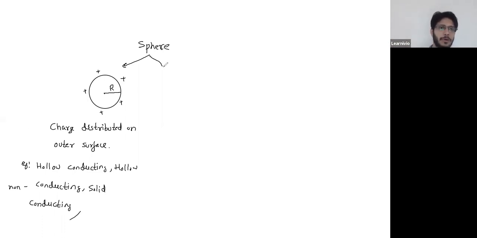The second type of sphere could be a sphere where charge is distributed throughout the volume. Here, charge is distributed throughout the volume of the sphere, everywhere.